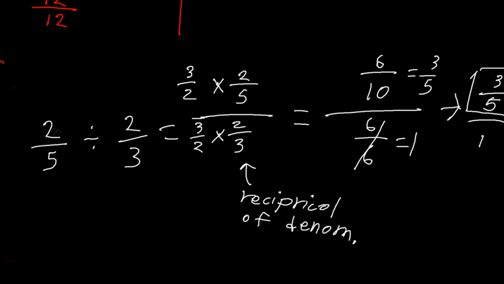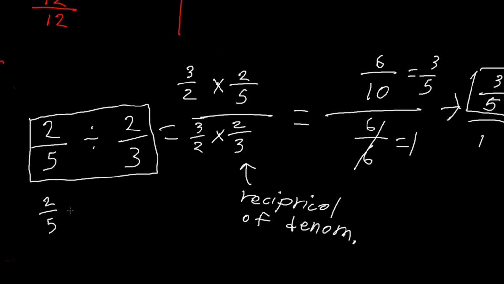Now if we go back and solve this the shorter way, we do 2/5 times 3 over 2, and we'd also get 6 over 10, which is equal to 3/5.